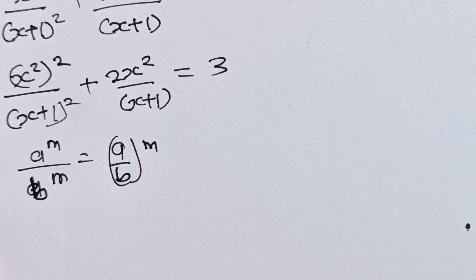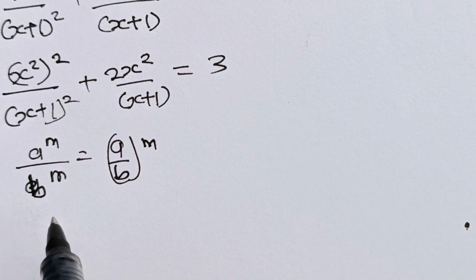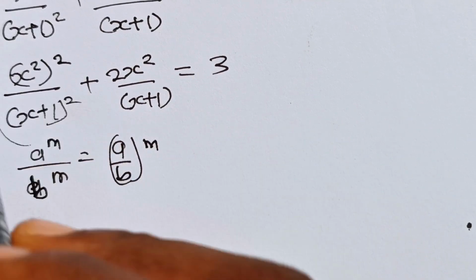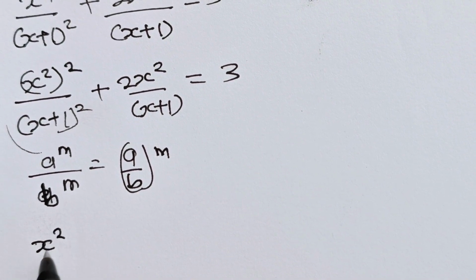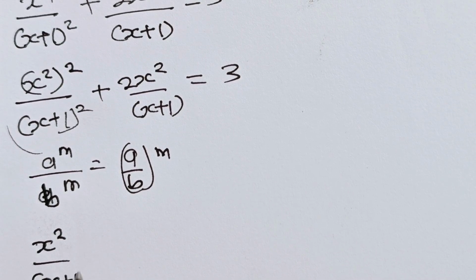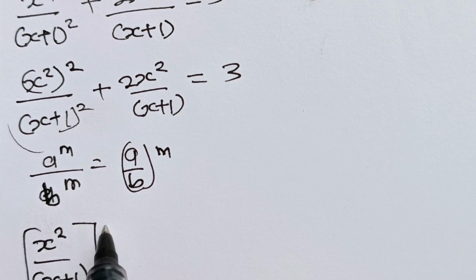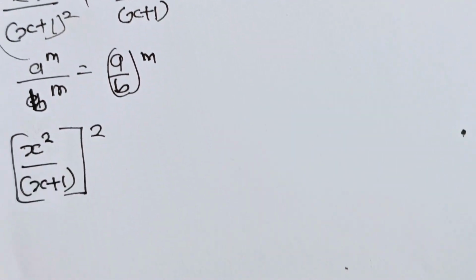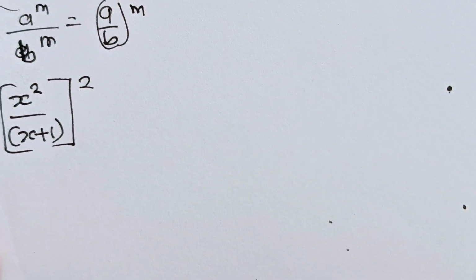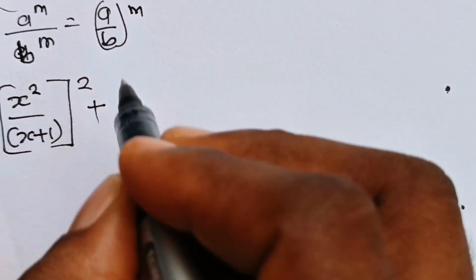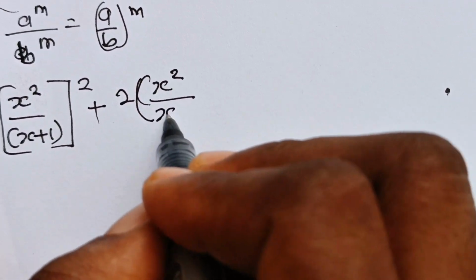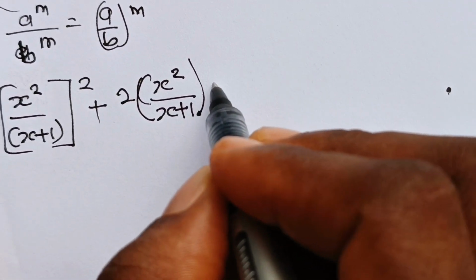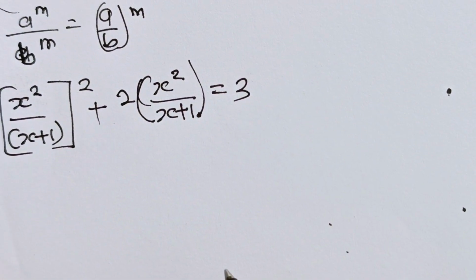All right. So we can write this one as x squared divided by x plus 1, everything raised to the power of 2. Okay, all right. Then plus this is 2 brackets x squared divided by x plus 1. All right, and this is equal to 3.